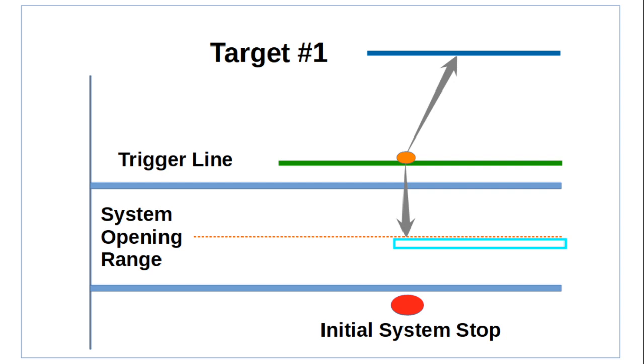But if you follow what I've been saying, if you do get knocked out, it's as simple as you wait for a new 1 minute close back above the trigger line, and then you just reshoot for target one. And even if you get stopped out again at the midpoint the second time, it just equates to what the initial stop would have been anyways if you just did one try. Does that make sense? Absolutely.